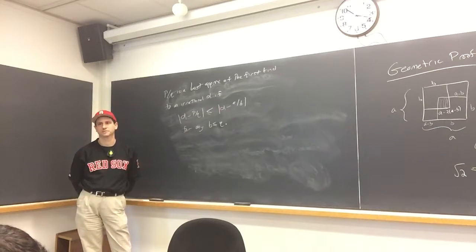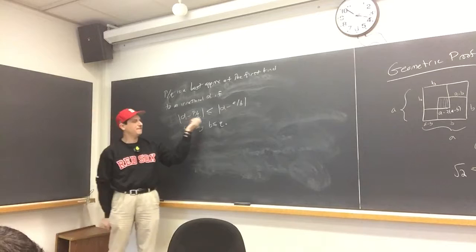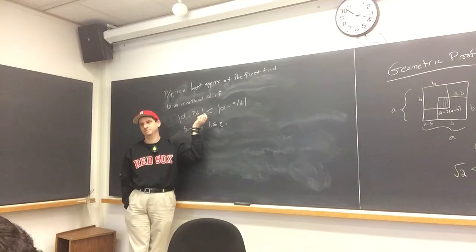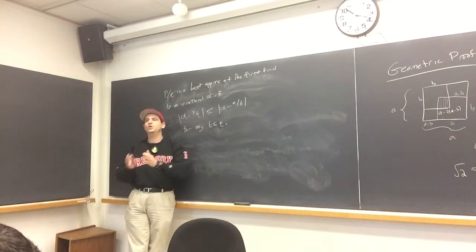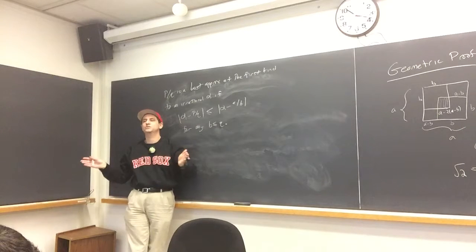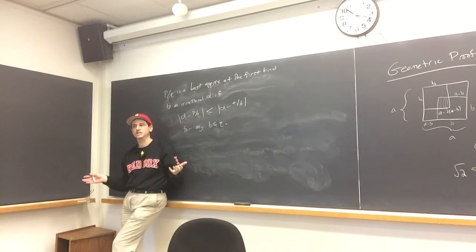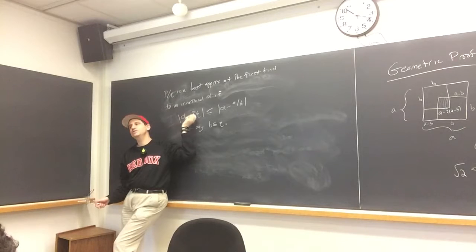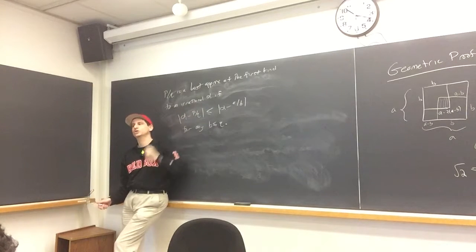Doesn't really matter. What it's basically saying is, if I fix my denominator and say, I don't want to look at any denominator bigger than 1,000, any denominator bigger than 2017, of all the fractions whose denominator is at most 2017, which one is the closest?